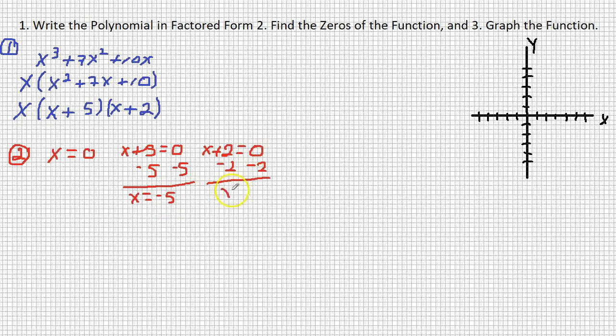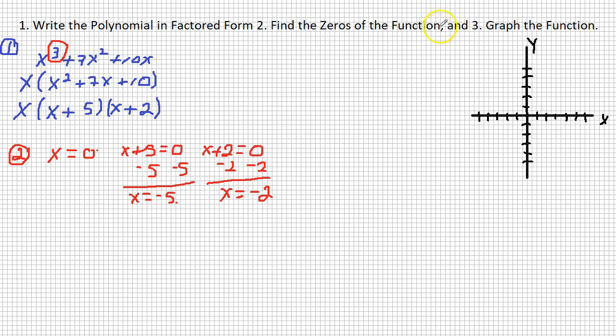And I get x equals negative 2. So my 3 zeros, and you notice the degree of my polynomial was 3. I had 1, 2, 3 zeros. So your degree is the same number of zeros. That's pretty cool.